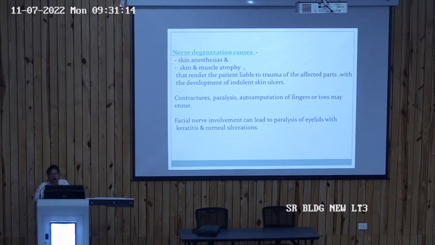There is numbness, and there is loss of touch sensation and pain sensation, which normally prevent us from trauma. If there is a loss of touch sensation, there is no pain. Skin anesthesia, so there is numbness, there is loss of pain.